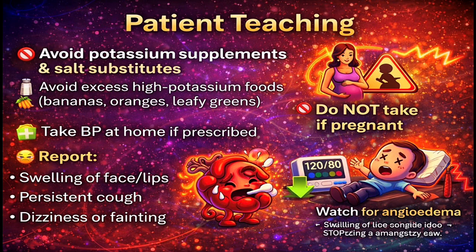Also, report swelling of the lips or face because that is signs and symptoms of angioedema, which is life-threatening. Persistent dry cough, because sometimes patients will stop taking their med because of this. And also dizziness or fainting, because that could be signs of hypotension and the drug might need to be adjusted to a smaller dose. And remember, do not take this if pregnant.